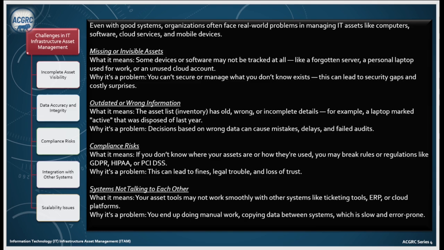The second part is outdated or wrong information. This happens again primarily if you use any manual way of updating the records. The moment you have manual entry in any form and shape on any attributes, you will end up having wrong information. The chances are extremely high. Do you remember our conversation on attributes earlier for all of the assets?